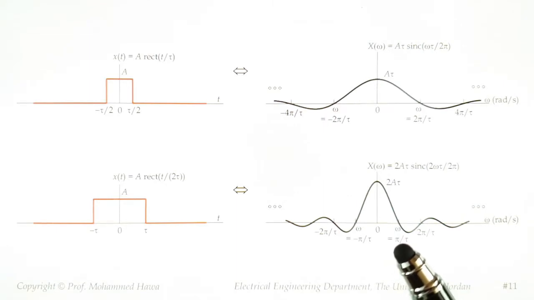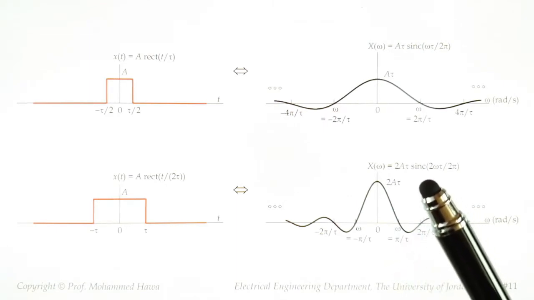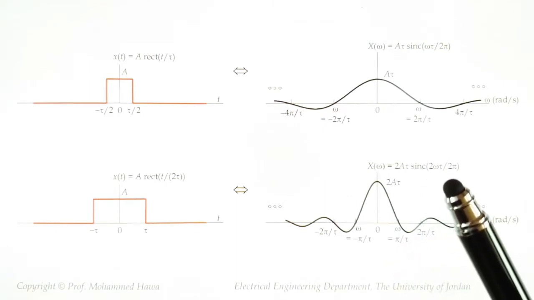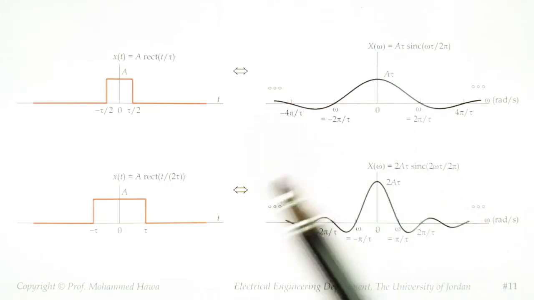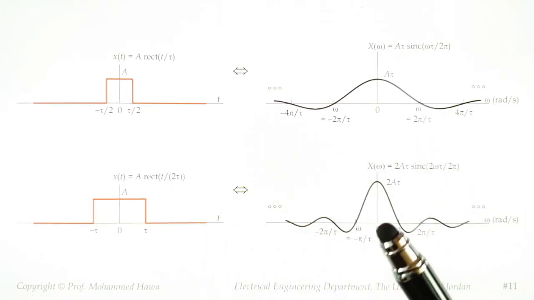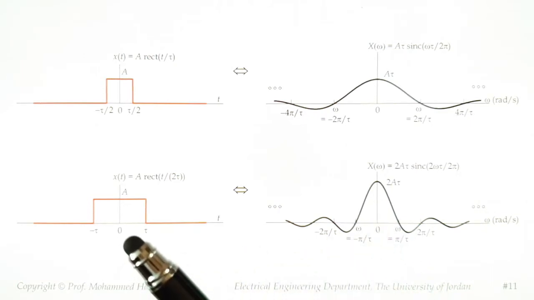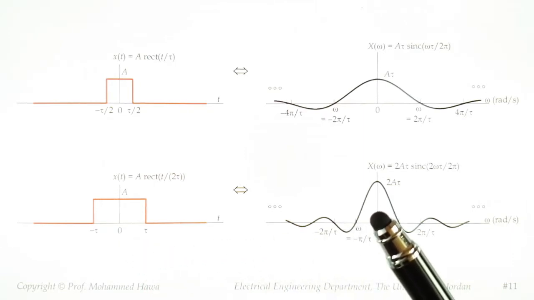If you substitute pi over tau here for omega, you're going to get sinc 1, which is the first null. This tells you that the difference between the Fourier transform of this rect, which is sinc, and the Fourier transform of this rect, which is sinc, is that this sinc was compressed in frequency domain. So a time expansion, if you expand the pulse width, you're gonna get frequency compression.